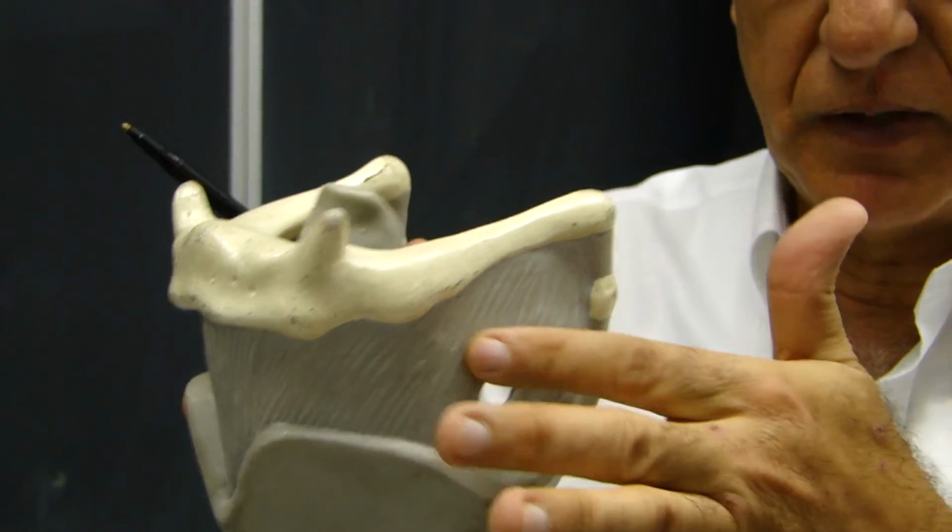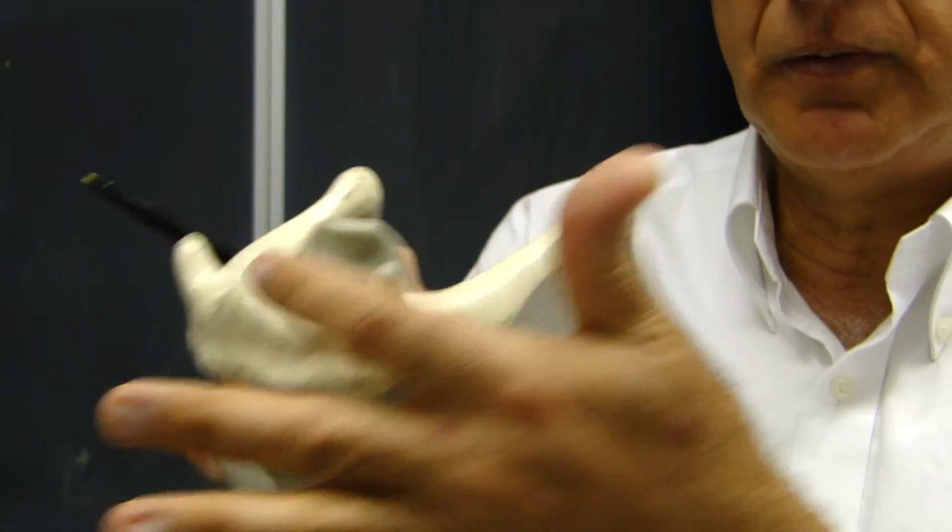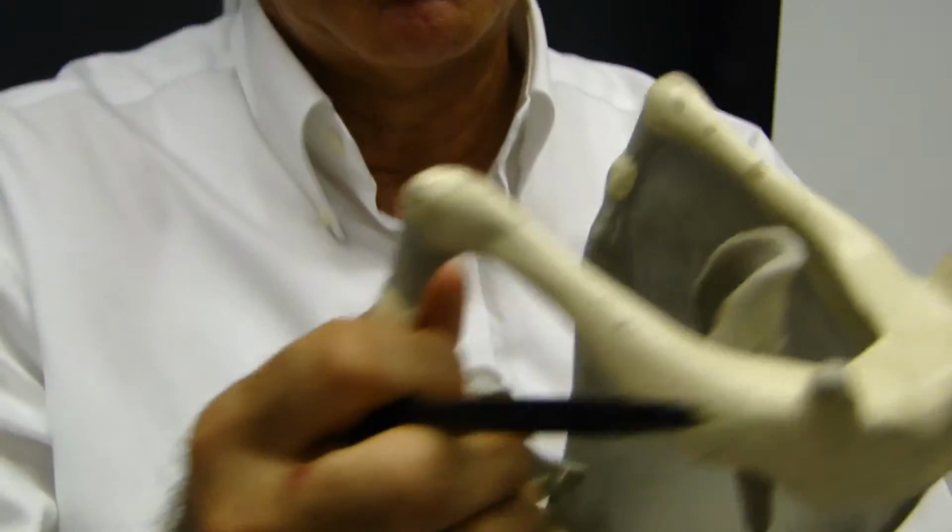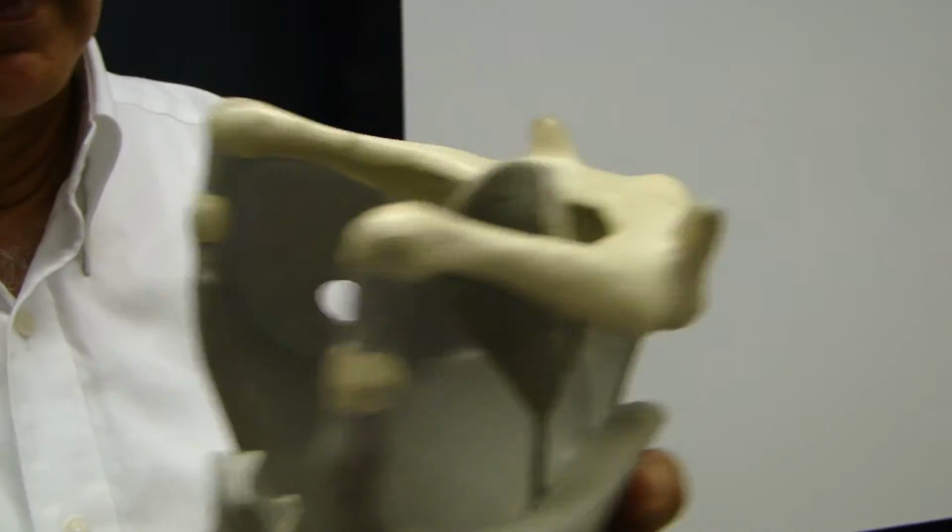So you should know the membrane name and the cartilage names. Of course, this is the thyroid gland.